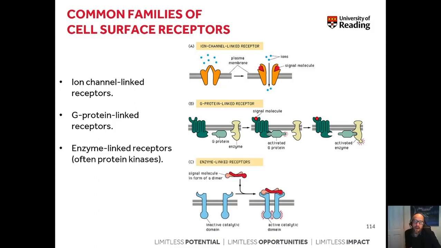And we also have enzyme linked receptors, often called protein kinases. Those receptors are quite interesting because they can sense a ligand, but they also have kinase activity. This means they can phosphorylate proteins or themselves once a ligand is sensed.